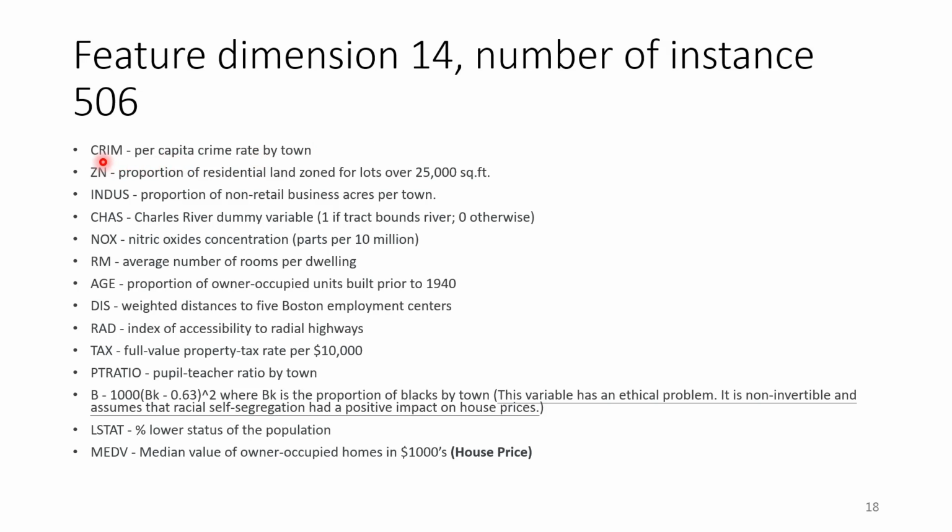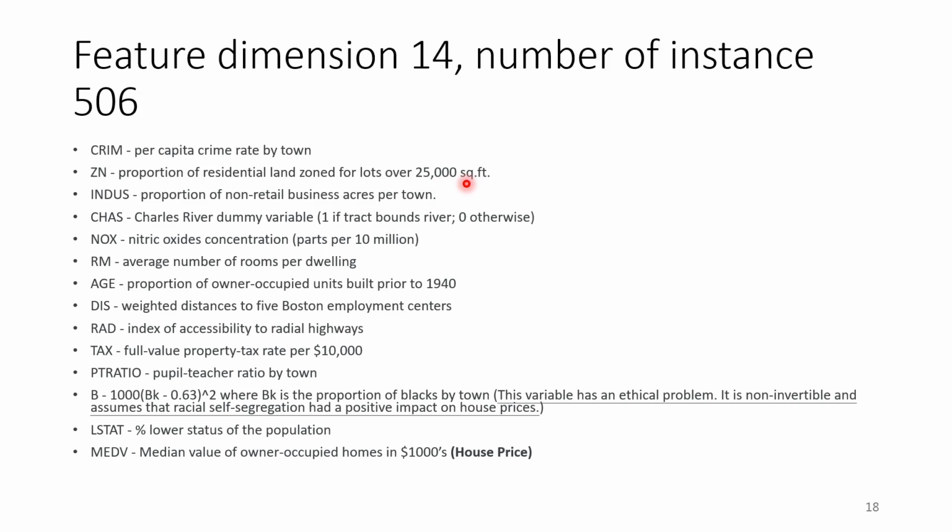The first feature is per capita crime rate by town, and you can see something like this. Another one means the proportion of residential land zoned for lots over 25,000 square feet.